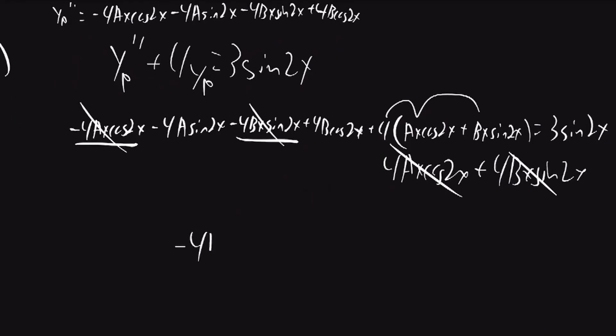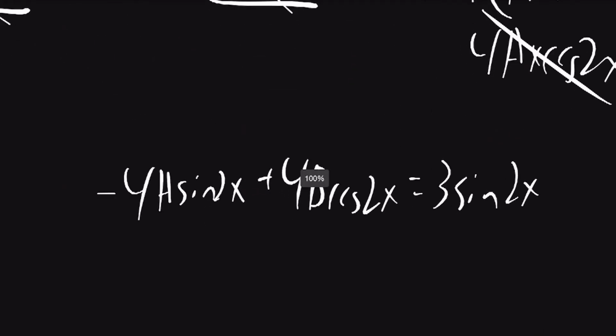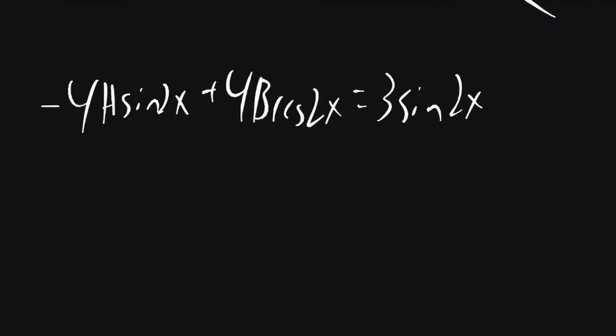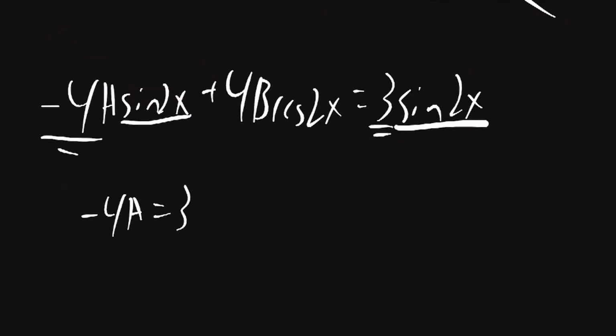We'll be left with negative 4a sine 2x plus 4b cosine 2x is equal to 3 sine of 2x. We can compare coefficients. On the right, the coefficient of sine of 2x is 3, and on the left, the coefficient of sine of 2x is negative 4a. So we can set negative 4a equal to 3. We can divide both sides by negative 4, and we'll find that a is equal to negative 3/4.